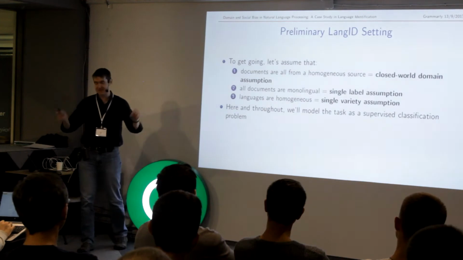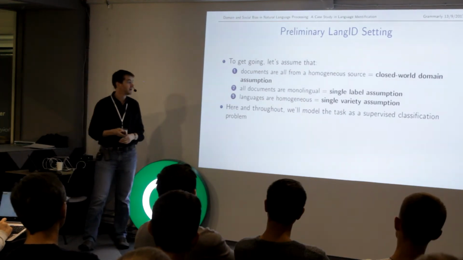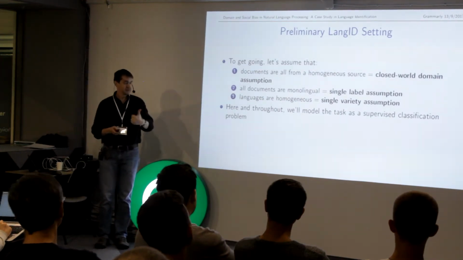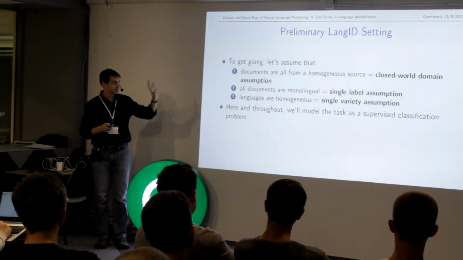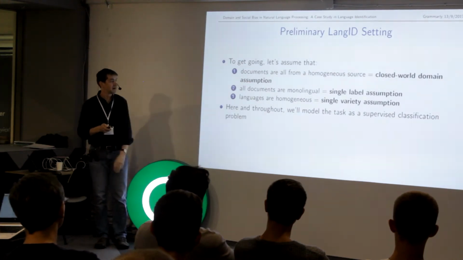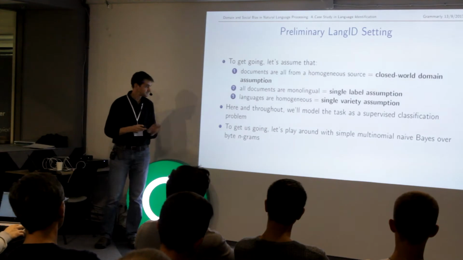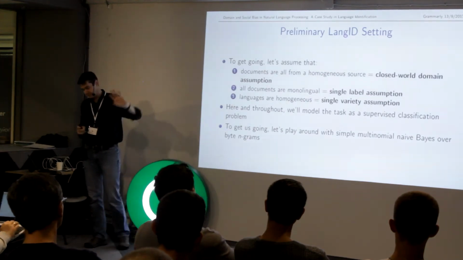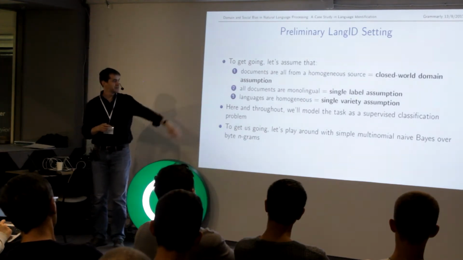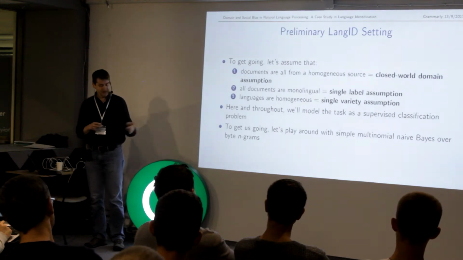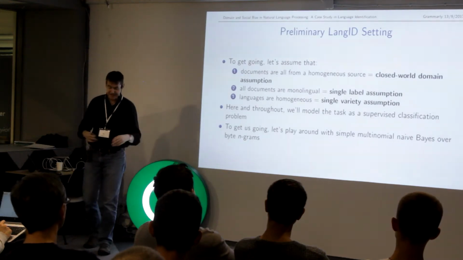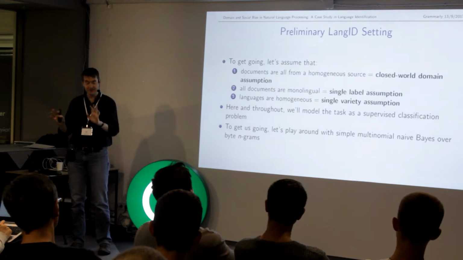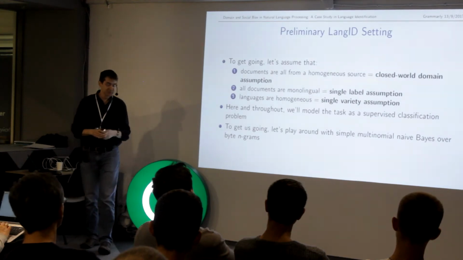Okay, so it's just a classification problem. We're generating a single label for our single document relative to our training data. And I'll talk about some deep learning approaches later on. For the time being, just to get us going, we're just going to play around with a very simple multinomial naive Bayes.